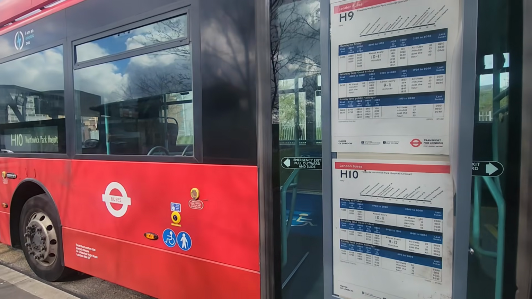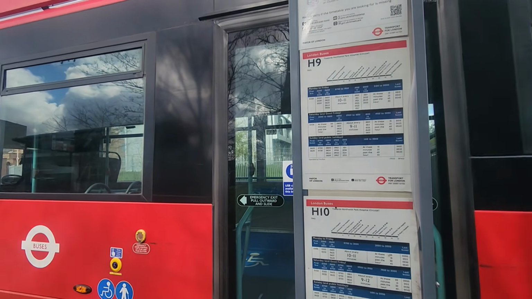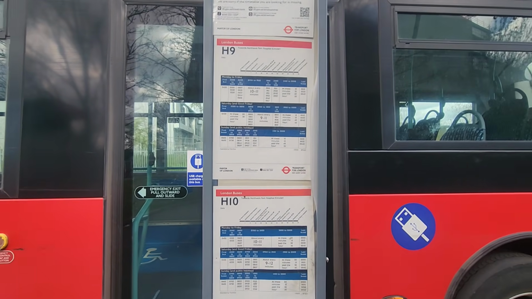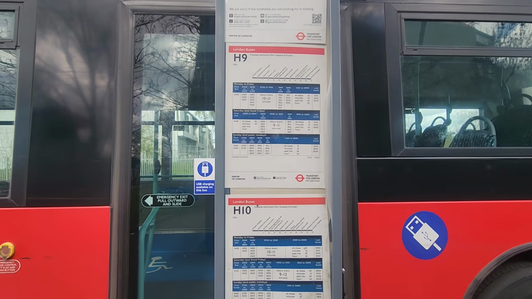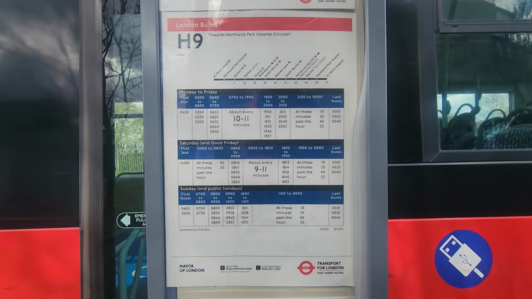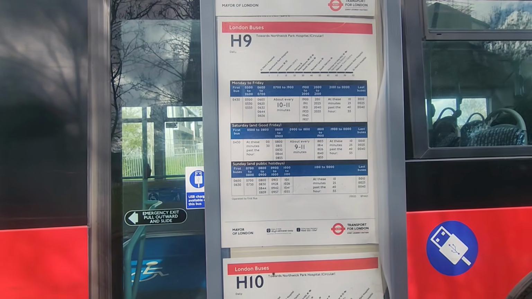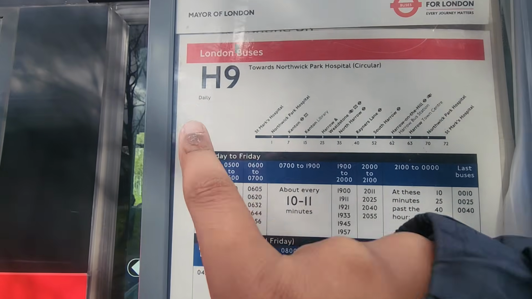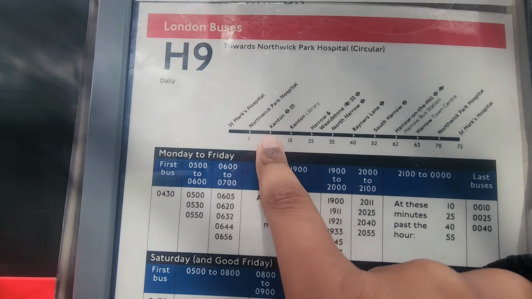But these two different bus routes are to get you to your destination faster. For example, if you wanted to get to Kenton station on the H9, it'll take you 7 minutes.